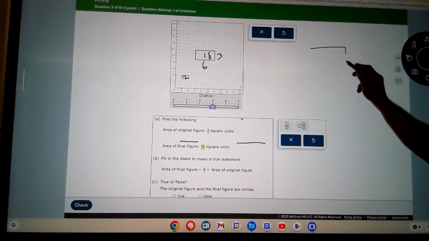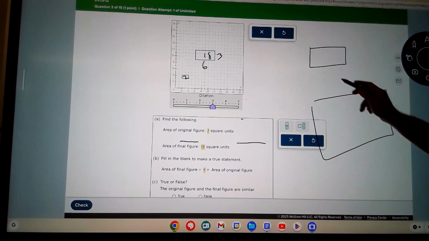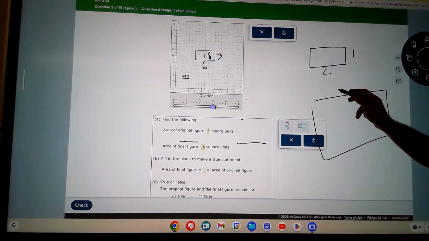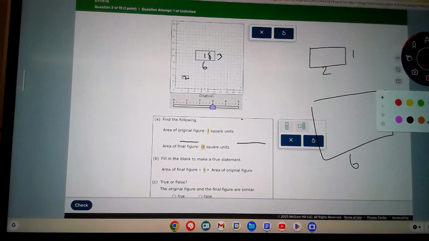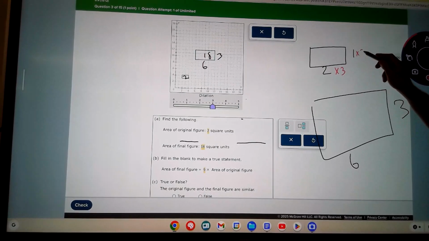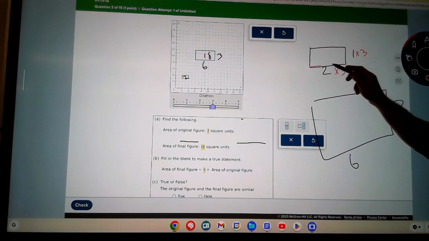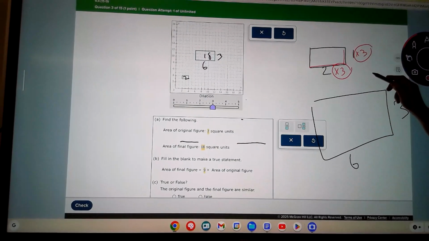If we go from one size to a larger size, and this was a 2 by 1, and we became a 6 by 3, what happened was I took this side times 3, and I took this side times 3. When you do area, we do length times width, so it's 3 times 3, which is 9.